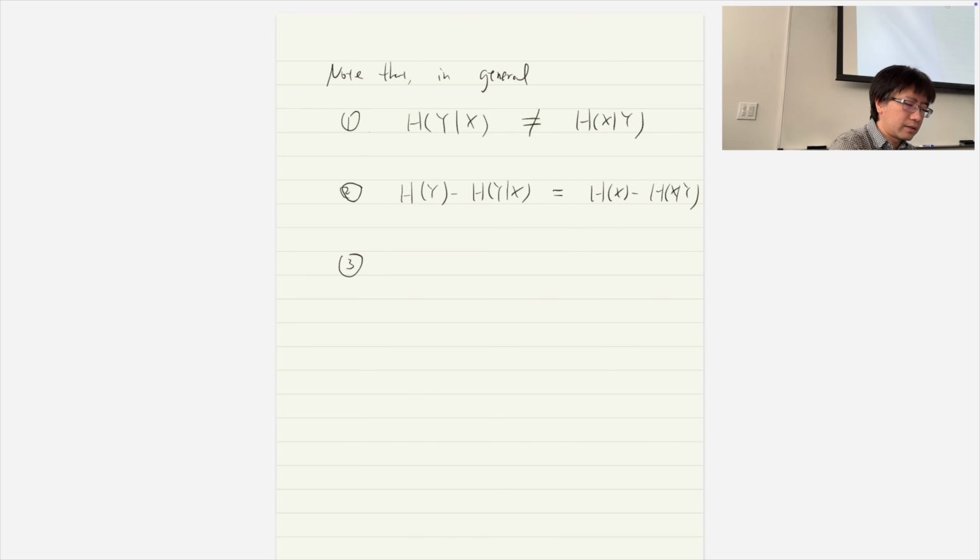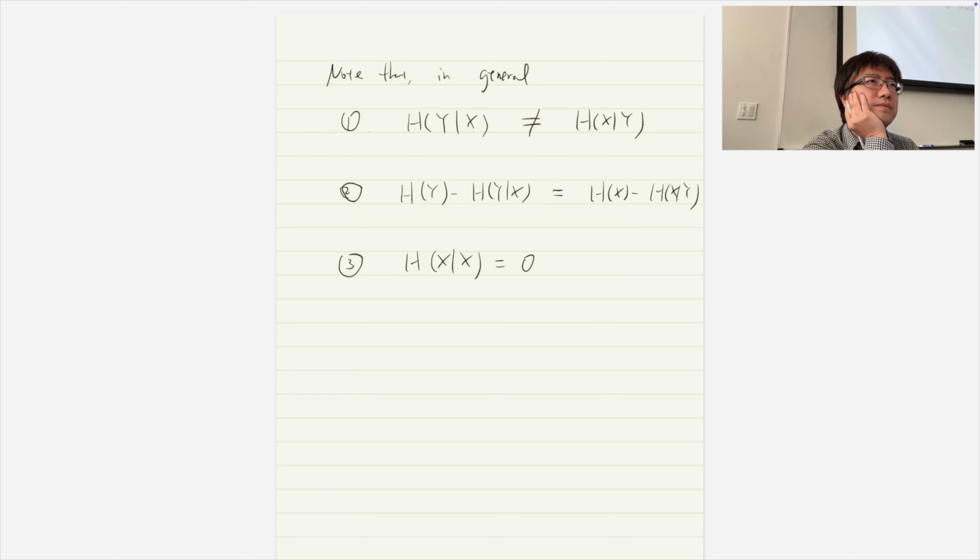The next thing is, how about the entropy of x given x? What does that equal to? A weird case. 0, right? That makes sense. Why 0?